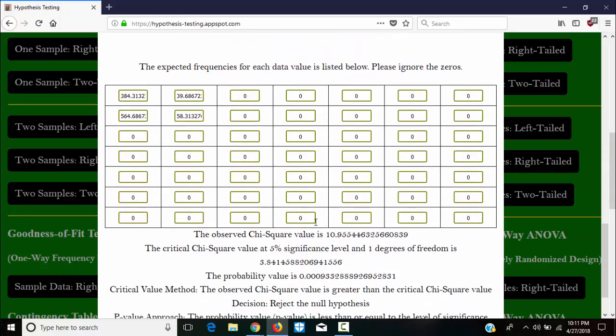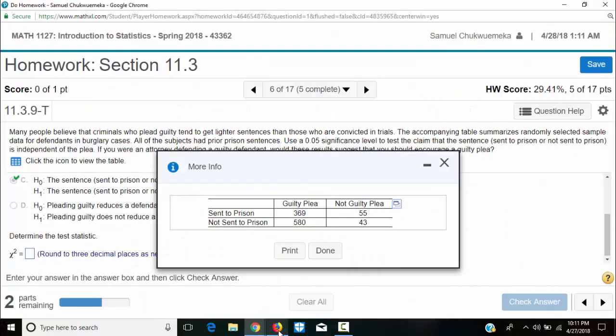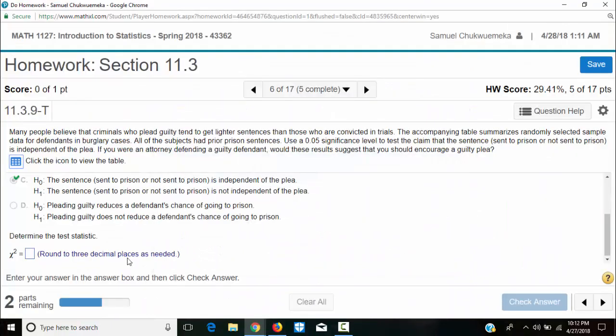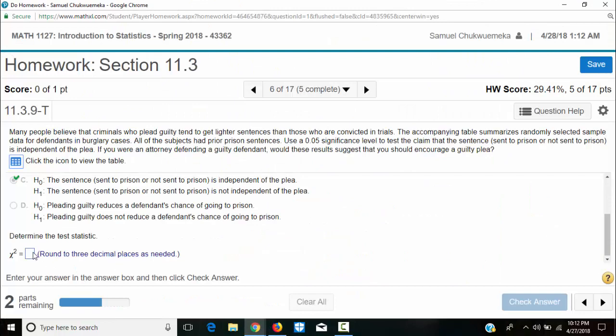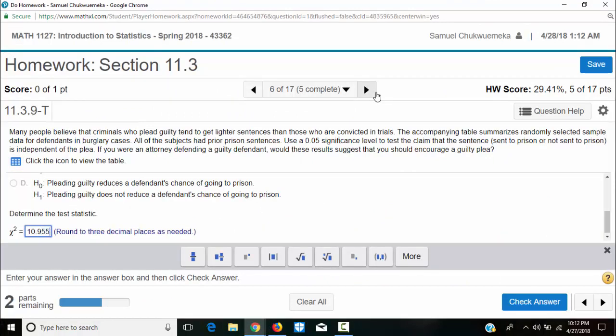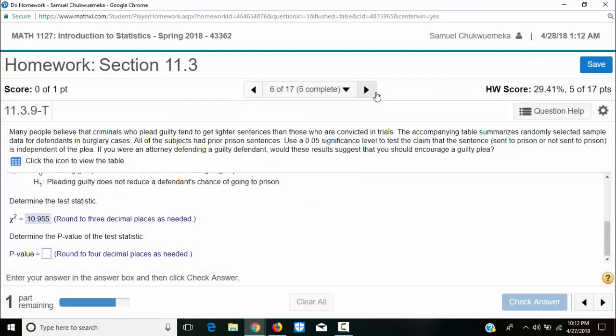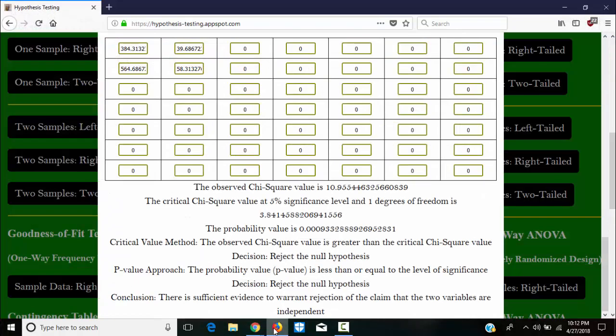Calculate. So the chi-square statistic to 3 decimal places is 10.955. The p-value to 4 decimal places is 0.0009.